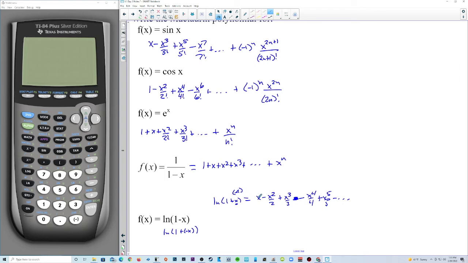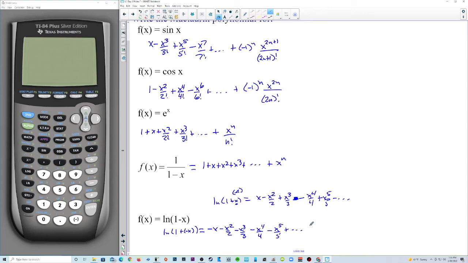So let's do the same thing for this. That becomes negative x. That squares the negative x and still stays negative. This becomes negative x to the 3rd. This stays as positive x when you plug it in, but then negative x, so all of these become negative. So we get negative x minus x squared over 2 minus x to the 3rd over 3 minus x to the 4th over 4 minus x to the 5th over 5.